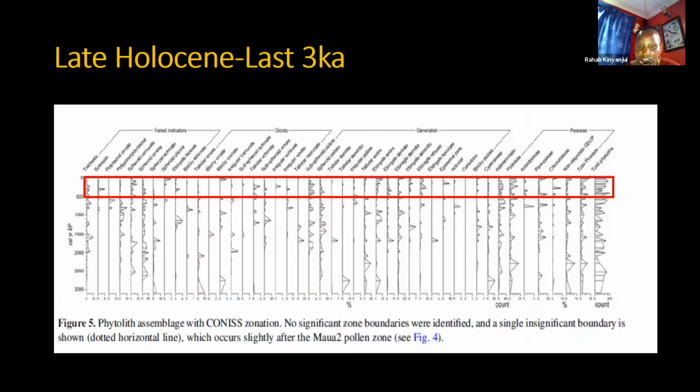In terms of the trachytes and in terms of forest indicators, we can see they were becoming much lesser at the top of the profile, as opposed to the other part of the profile.